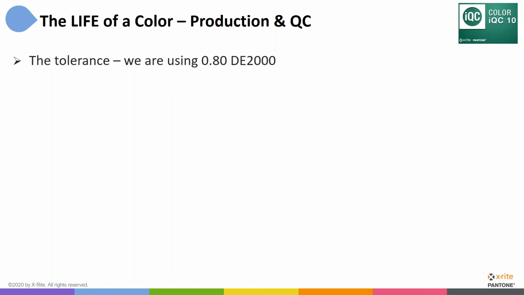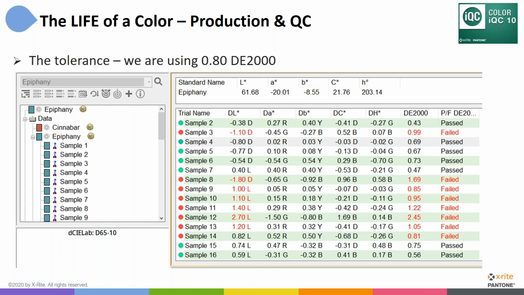We've got multiple webinars out there that you can get on demand that talk about tolerancing in detail. We're not going to do that today. We're just going to say for this example that we're going to use a Delta E 2000 tolerance, and our tolerance limit is going to be 0.8, meaning less than 0.8, those samples will pass. If it's more than 0.8, they're going to fail. And here we see our Epiphany. I've got 16 samples measured.